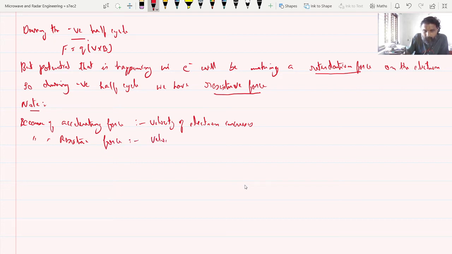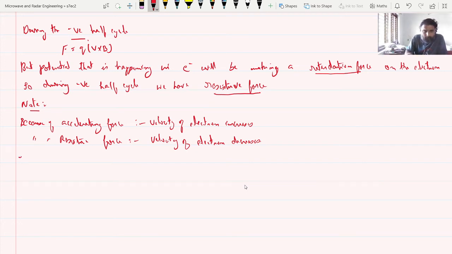The velocity of the electron decreases. So due to this, what will it do? It will lower down the velocity. And what happens at the final section in the structure? Finally the bunching occurs. Okay, that's the case I had to tell you.